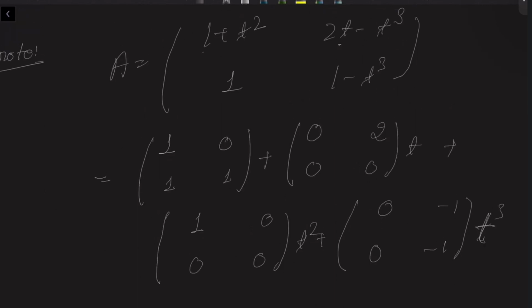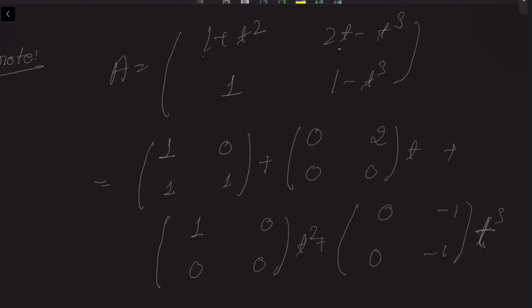So A was a matrix whose elements were polynomials. Now I have written A as a linear combination of some matrices. The matrices are no longer polynomials; they are real matrices, multiplied by polynomial coefficients. So given a matrix A whose elements are polynomials, we can write it in this fashion.